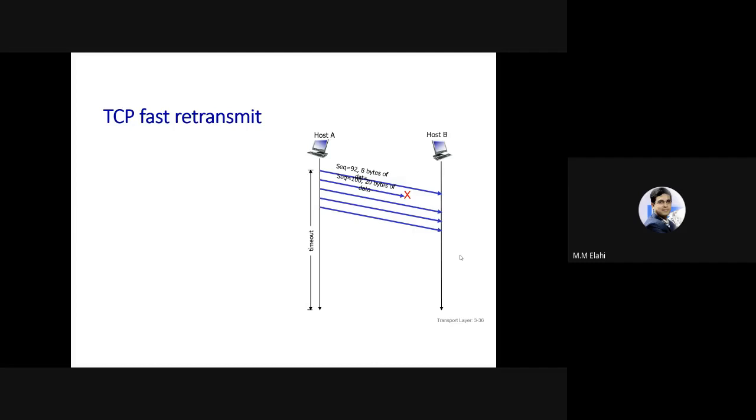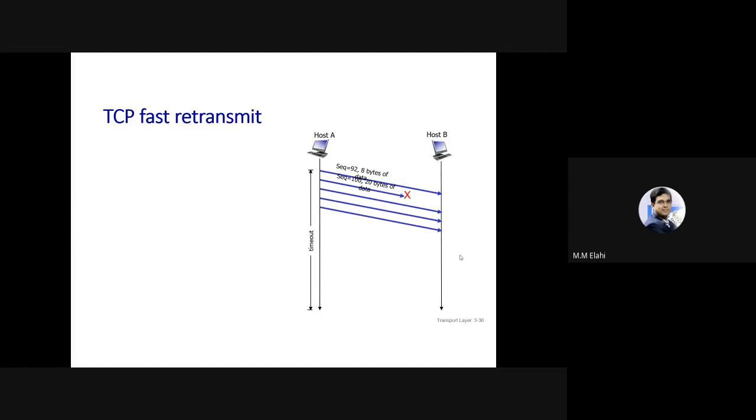The first segment is correctly received, the second segment is lost, and the next 3 segments are correctly received. But one problem with the receiving end is that if it uses a reliable protocol like HTTP or SMTP based on TCP, then if there is any gap, if one segment is lost, then it cannot deliver the data to the application.